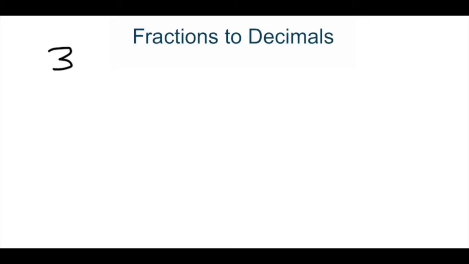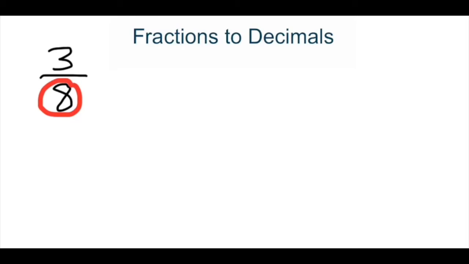But what if the fraction isn't immediately obvious, like 3 over 8? I can't instantly think of anything that I can times 8 by to give me 10 or 100 or 1,000, any of those factors of 10.